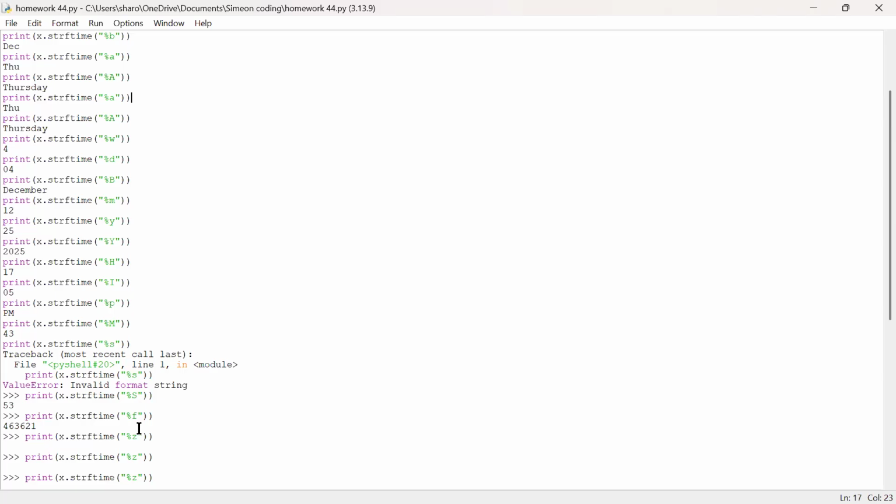Okay, when you check your WhatsApp, what does that format stand for? What does that 53 stand for? Let me see. Or what does the capital S stand for? Oh, I made a mistake.